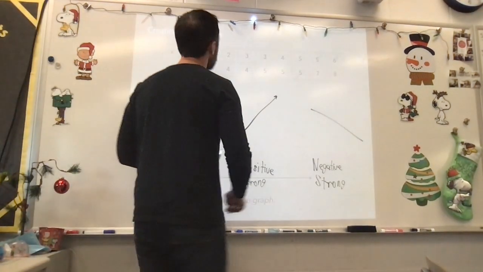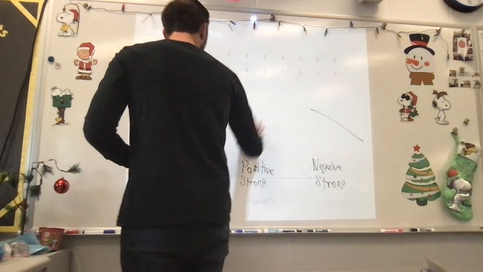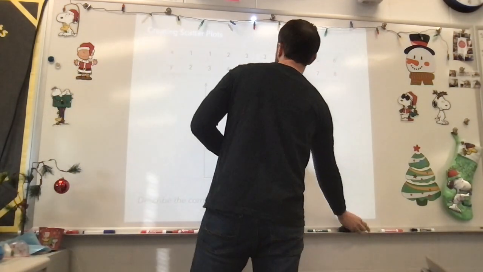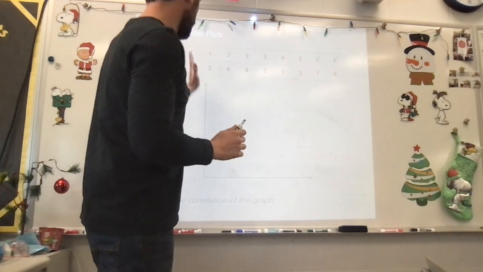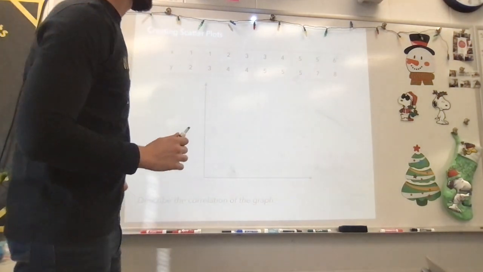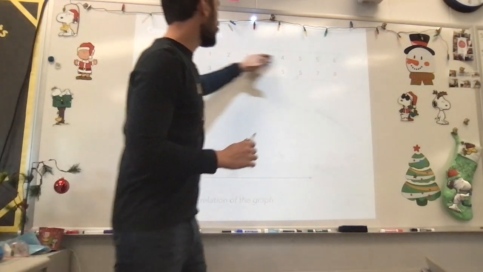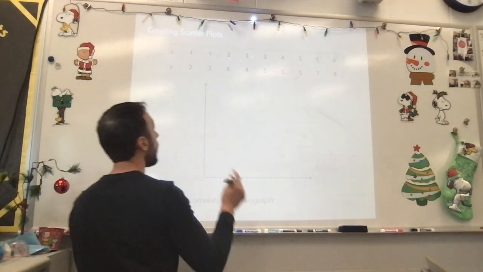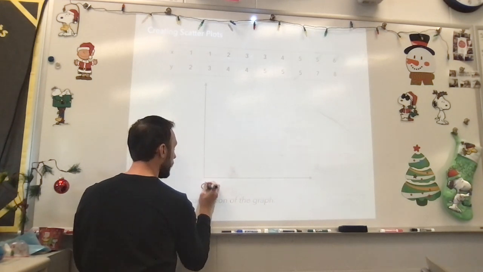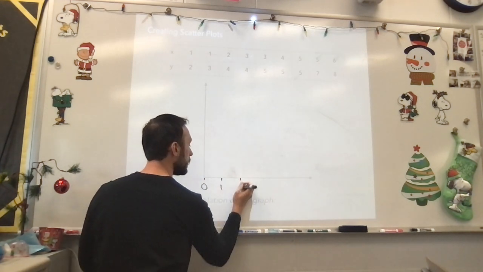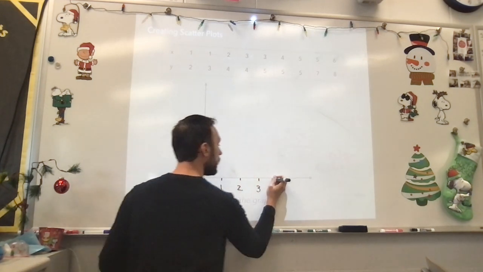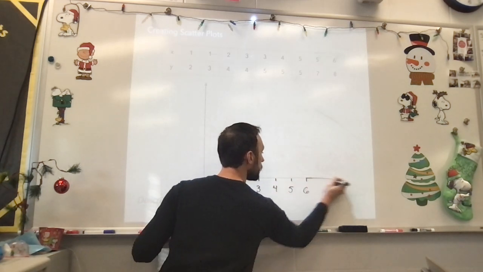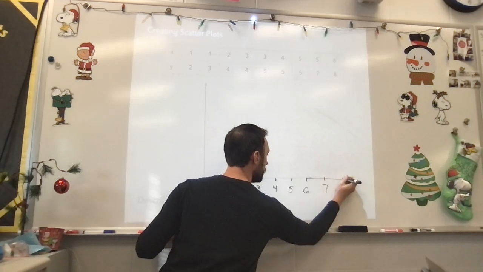So the next one says we need to create a scatter plot, and then describe the correlation of the graph. All we have here is a quadrant, the first quadrant of a coordinate grid. So our X is our horizontal, and our Y is our vertical. When I make my graph, I am going to label my intervals of 1, 2, 3, 4, 5, 6, went too far, 7, and 8.